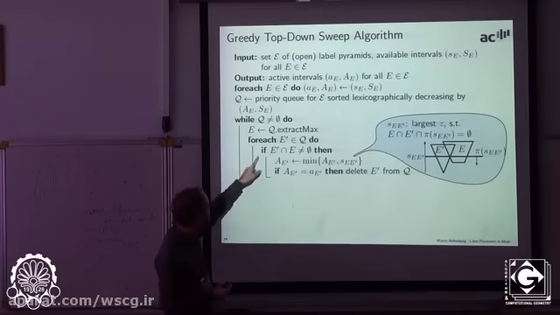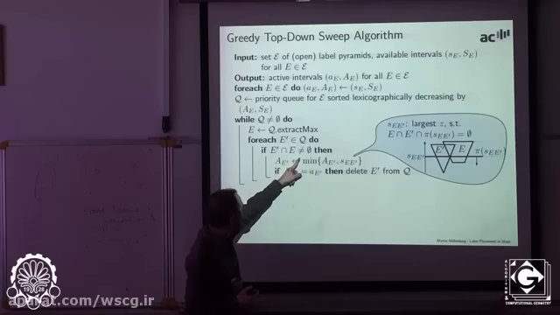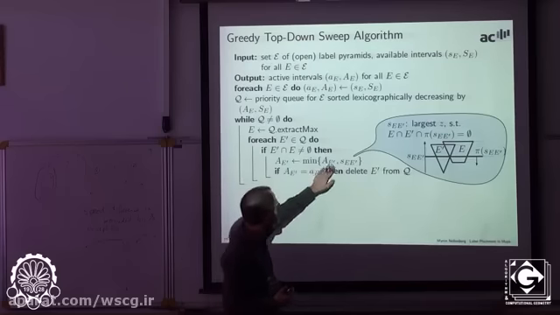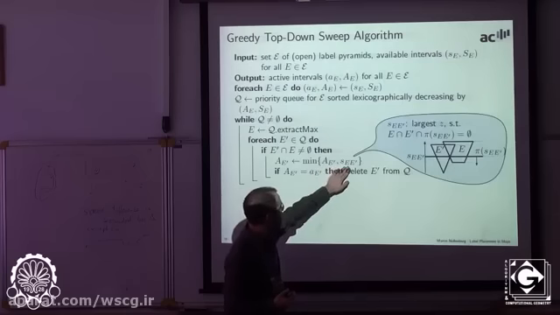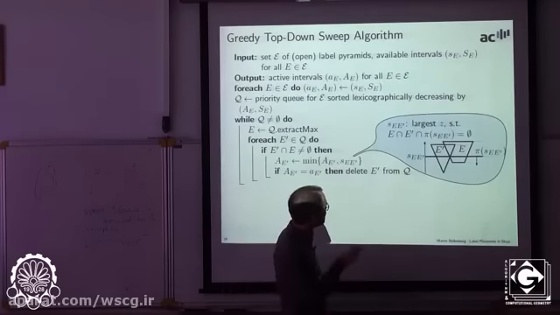Yeah, so we go over all other labels that we have not decided yet, see if they have non-empty intersection with the one that we just chose, and then we need to update the upper end of the active range. And this we put to the minimum of the current value and this value s(E, E'), which is simply the largest scale at which these two labels still can live together.